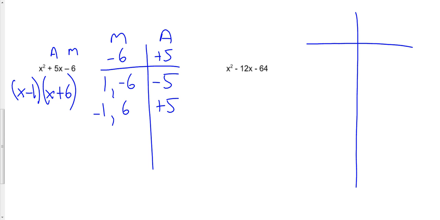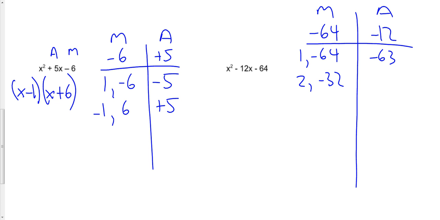And then my final example, probably going to need to break out my calculator for this one. So I'm looking for two numbers that multiply to negative 64, but that add to negative 12. So 1 and negative 64. Okay, well that ends up at negative 63. 2 and negative 32 multiply to negative 64, but when you add them together, that gives you negative 30.